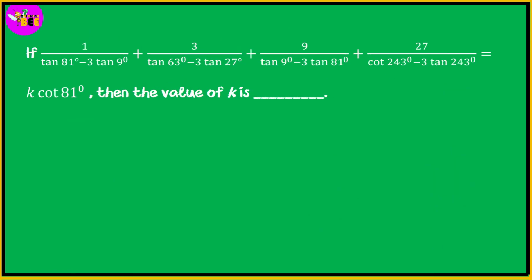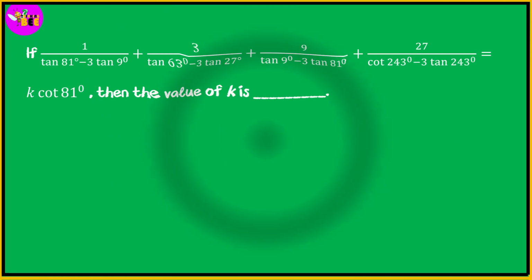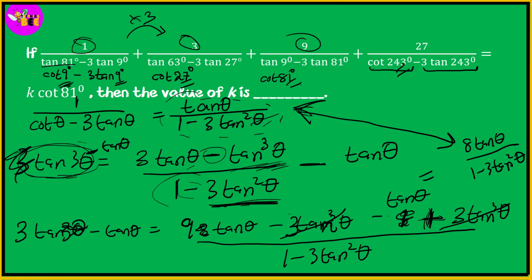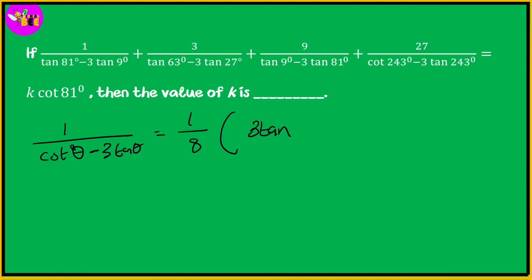So, therefore, we can write 1 by cot theta minus 3 tan theta as 1 by 8th of 3 tan 3 theta minus tan theta. What we got is we actually took 3 tan 3 theta minus tan theta.